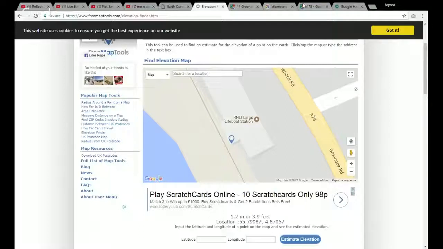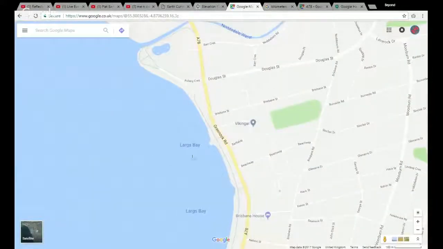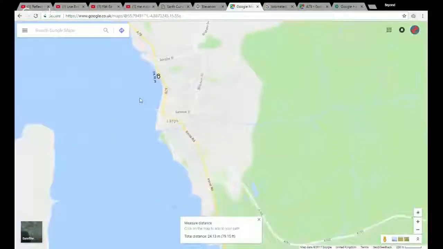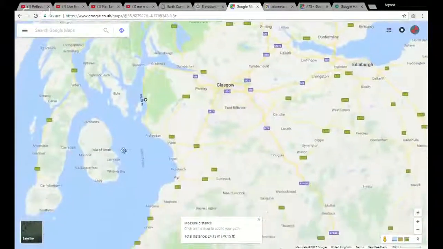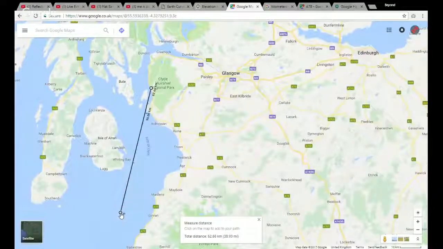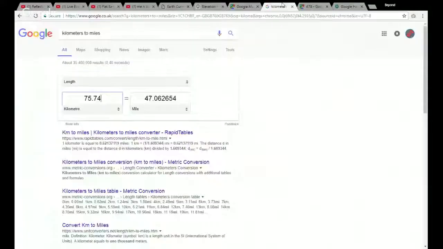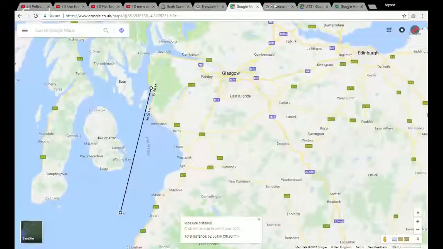The distance. There we are, 62.66 this time, so it's kilometres. 62.66.